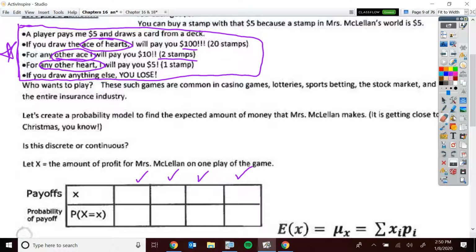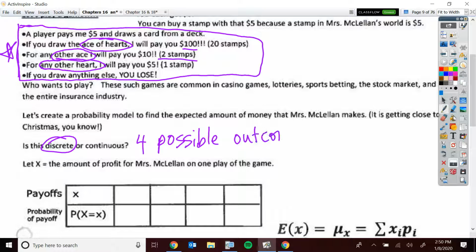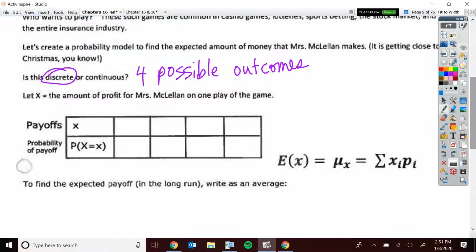It is discrete because there are 4 possible outcomes. So let's think: how much is the casino going to make? That's me. X represents the profit for me on one play of the game.